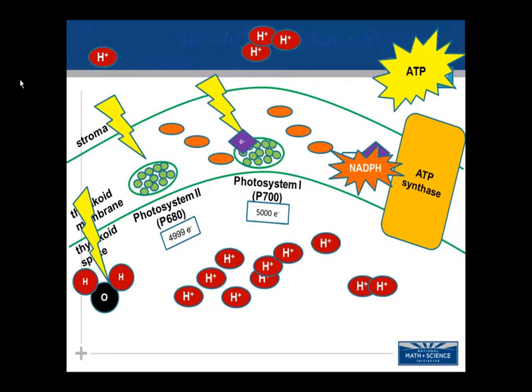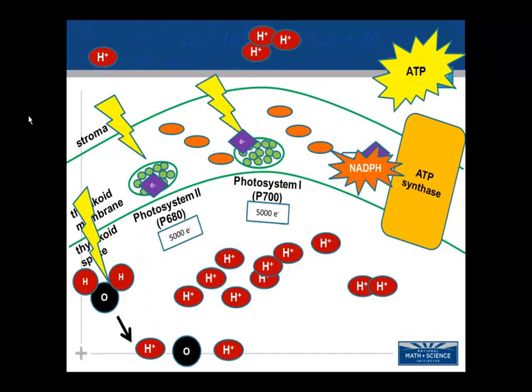This is the process I mentioned earlier called photolysis, the splitting of water using light. When that happens, we end up with an oxygen and 2 hydrogens. Now here's what happens. The electron from one of those hydrogens goes to photosystem 2, and now we're at 5,000 electrons. We're back to good.